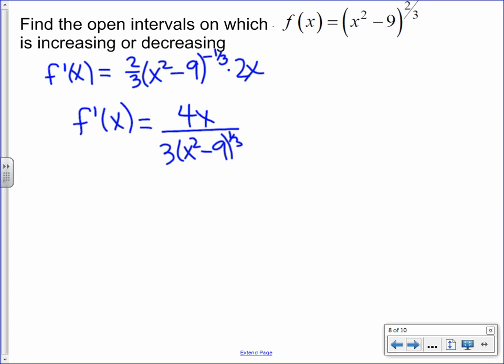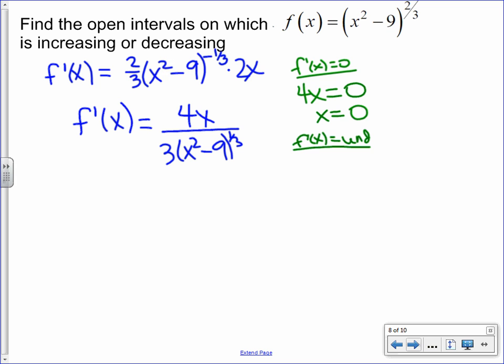Okay, let's figure out where our derivative is 0. That means 4x is 0. x equals 0. Let's figure out where this is undefined. And so what do we do? Set the denominator equal to 0. Okay. So how are we going to solve that?